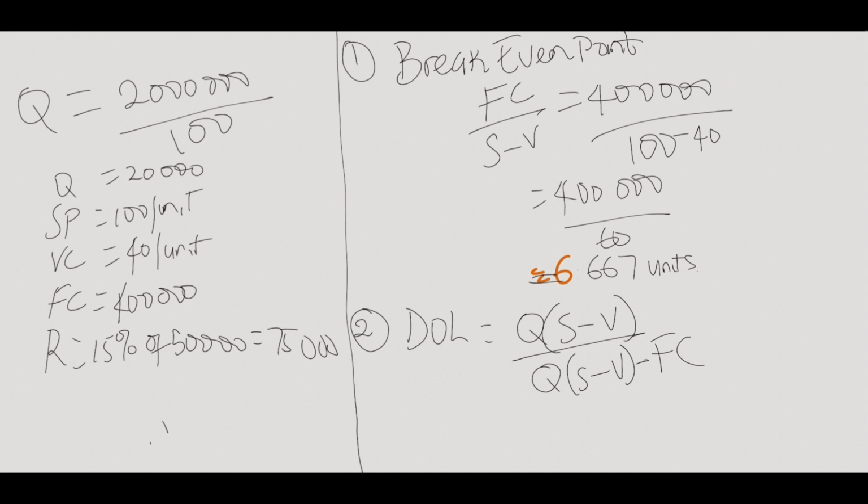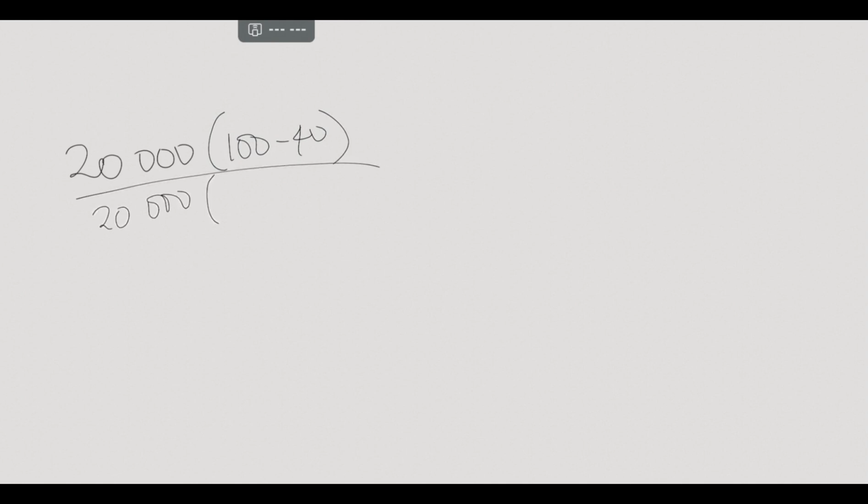And so substituting, the quantity is 20,000 into 100 minus 40, divided by 20,000 into 100 minus 40 minus 400,000.